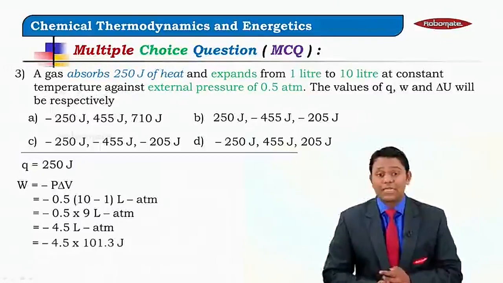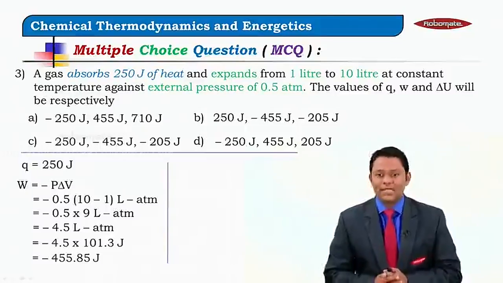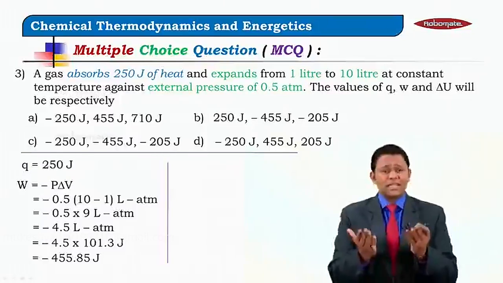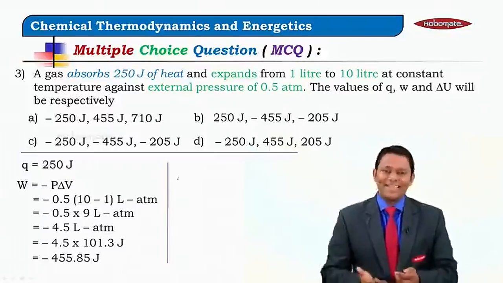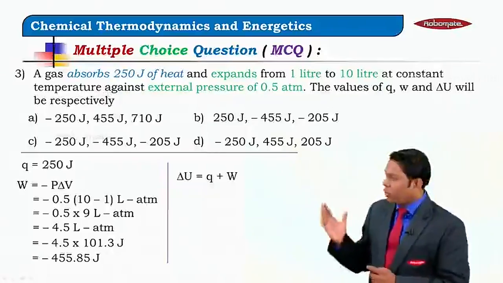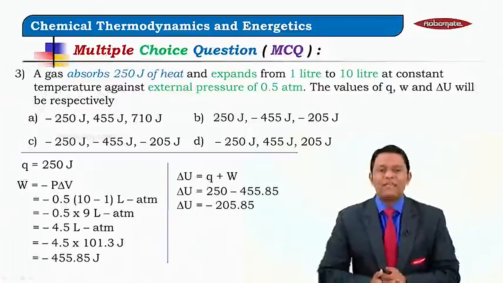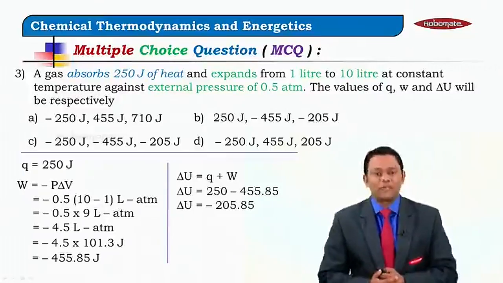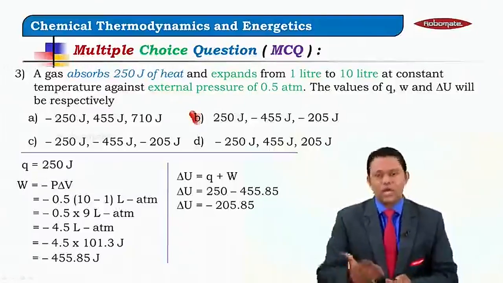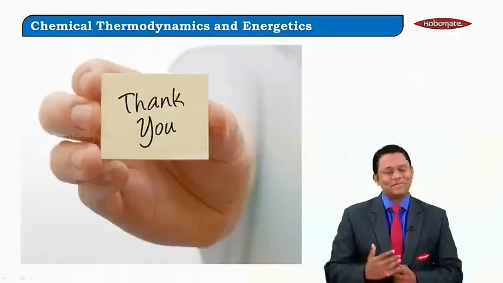And the conversion factor is 101.3. By converting that, we get the work done as minus 455.85. And the last parameter which we have to calculate is delta U, whose formula is very simple as Q plus W. We already know Q, we already know W. Substituting the parameters, we'll get the answer as minus 205.85 joules. So when we check, the correct option is B. This is what we'll be doing in this module. Till the time, thank you.